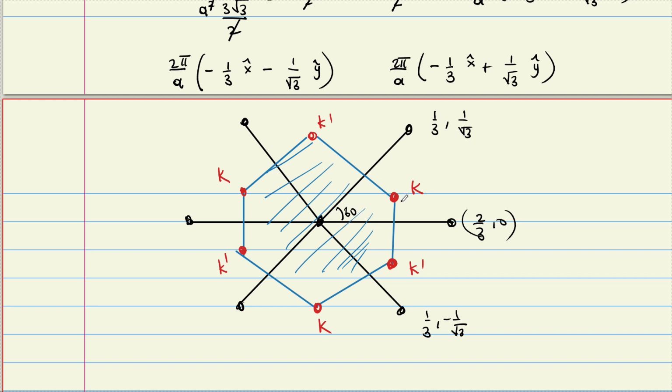You can use a little bit of geometry to find this K point to be 1 over 3, 1 over 3 root 3, in units of 2 pi over a, and K prime to be 1 over 3, minus 1 over 3 root 3, in units of 2 pi over a.